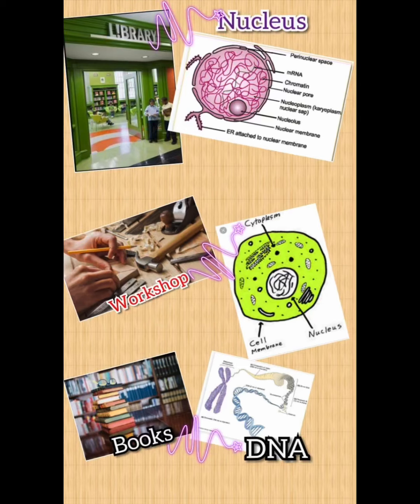The library represents the nucleus, and your workshop at home represents the cytoplasm. All the books in the library represent the DNA, the genetic material of the cell stored in chromosomes. The nucleus is usually a round part of most cells that is enclosed in a double membrane.